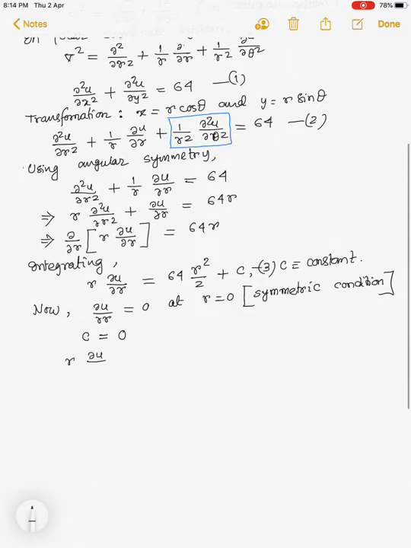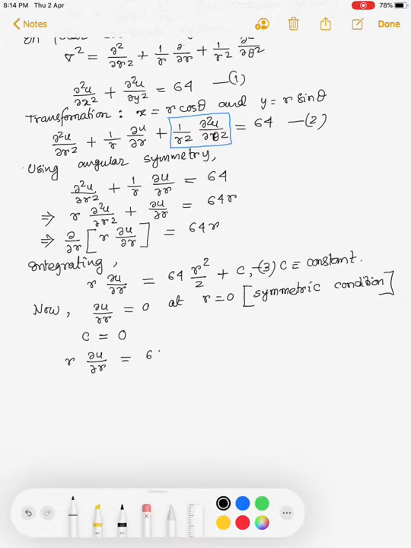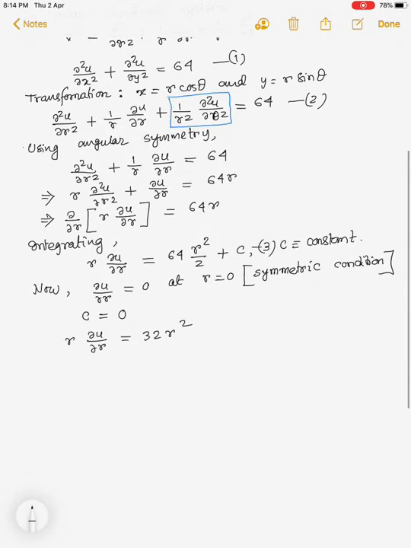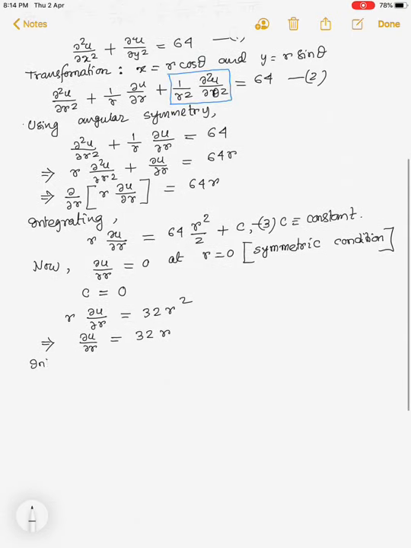Therefore equation 3 reduces to r del u del r is equal to 32 r square, which implies del u del r is equal to 32 r.